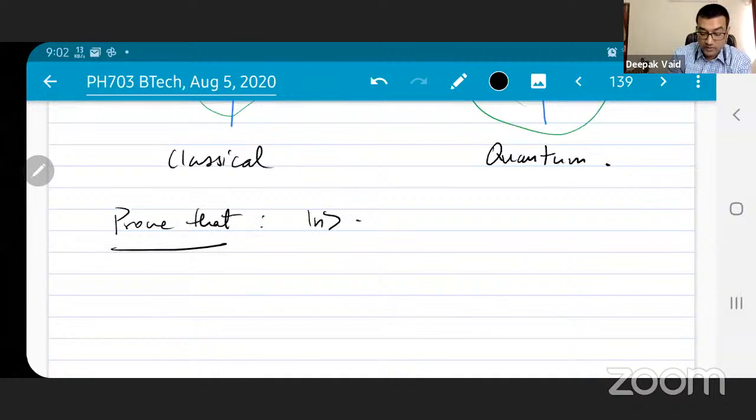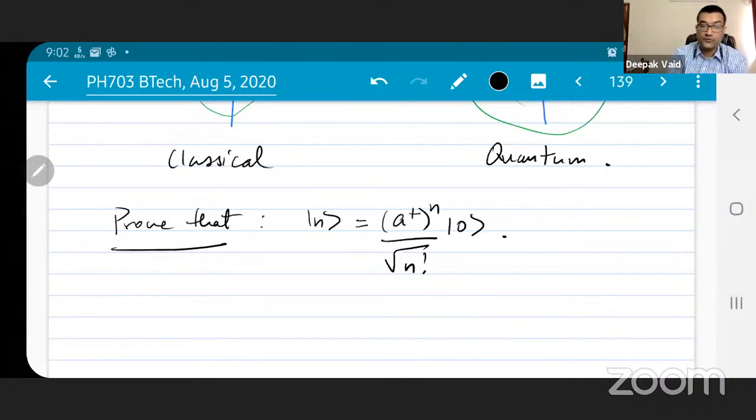But there is one problem that you do need to prove, and I'll give it to you as a homework problem, which is that you can prove this. Okay, so I'll leave it here for now. Any questions?